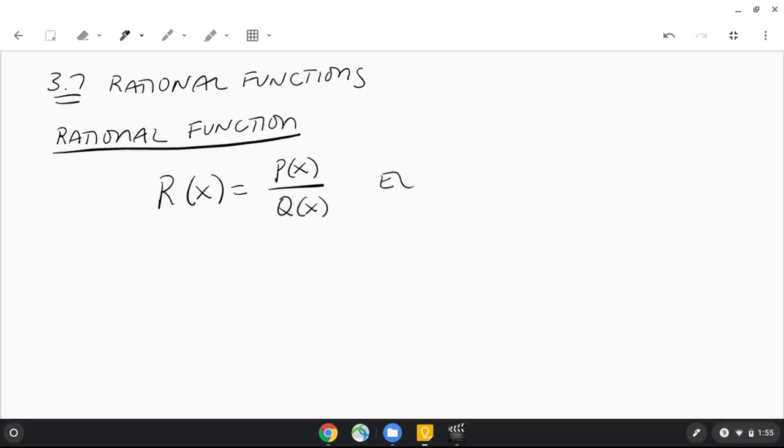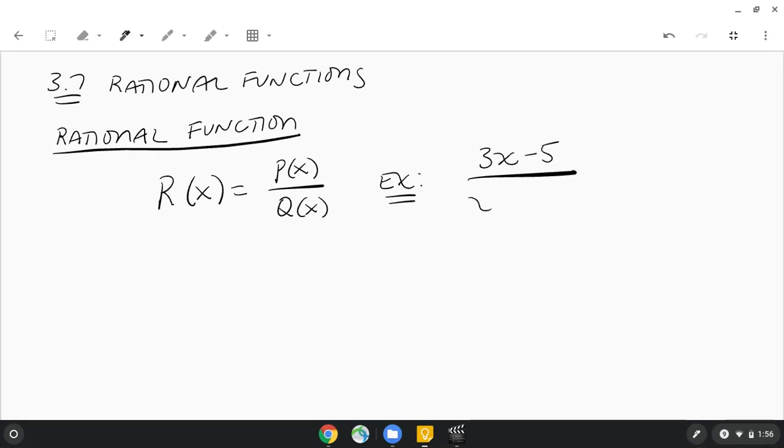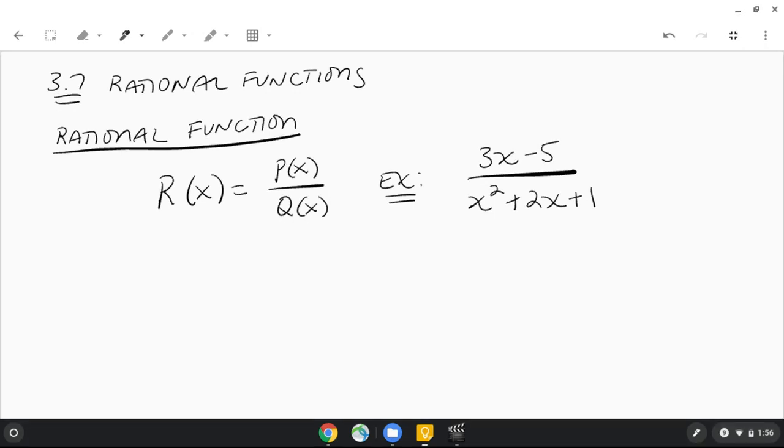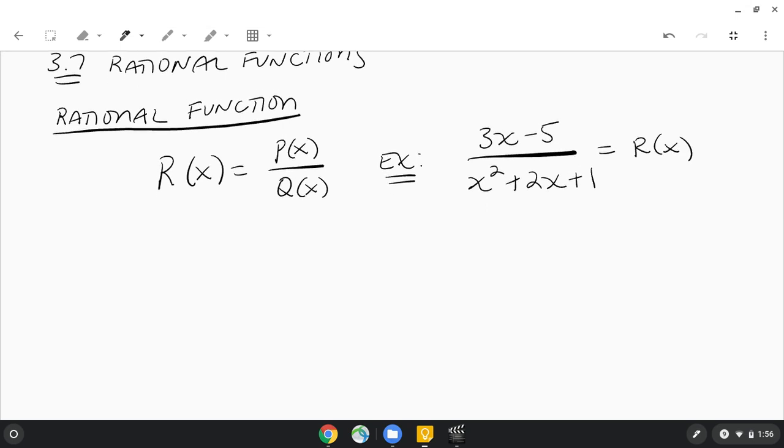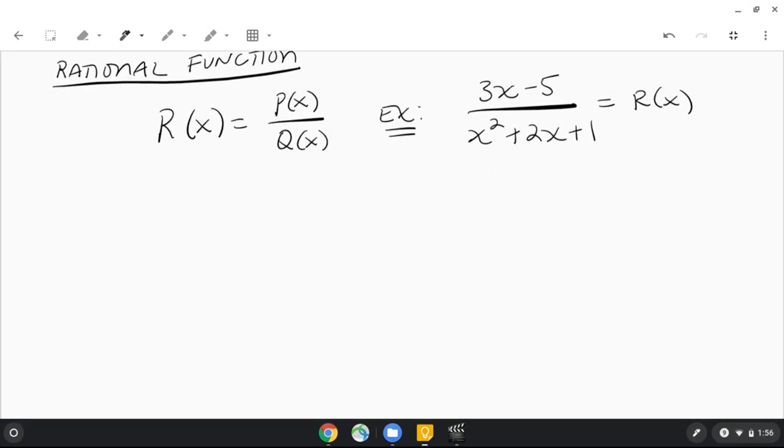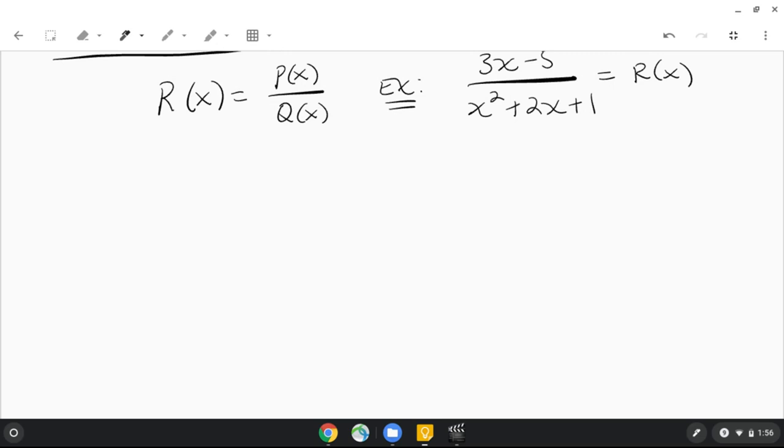For example, maybe you might have something like 3x minus 5 over x squared plus 2x plus 1. Let me call this R of x. What we're going to be doing here is looking at how to graph these rational functions. So here are some things that we're going to be looking at when we graph.